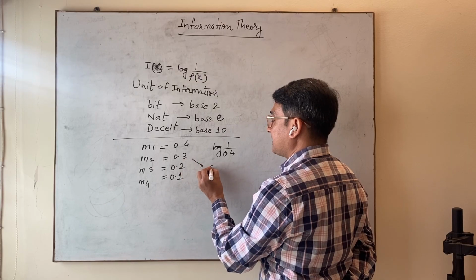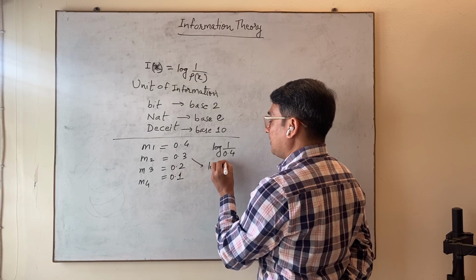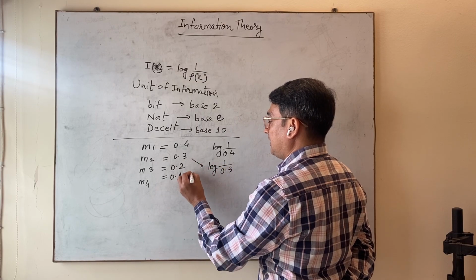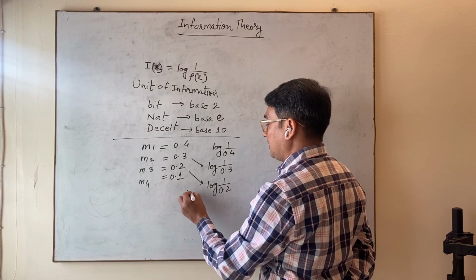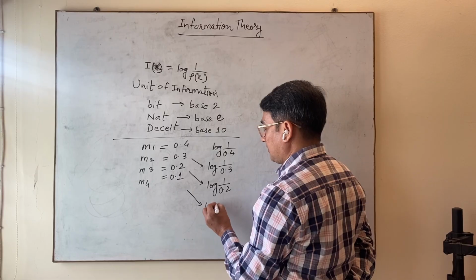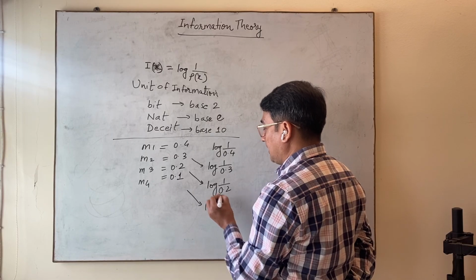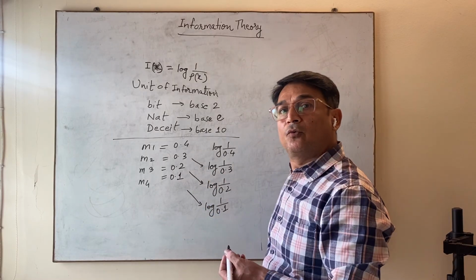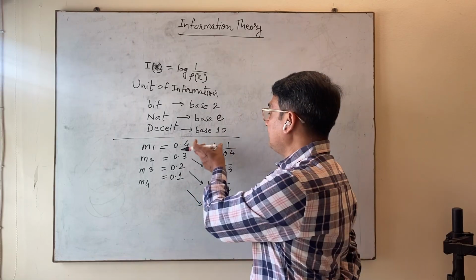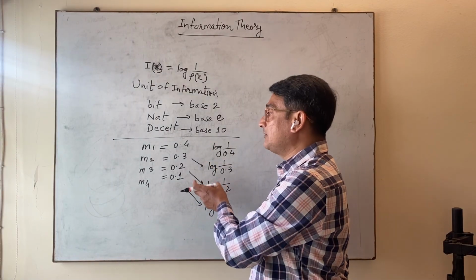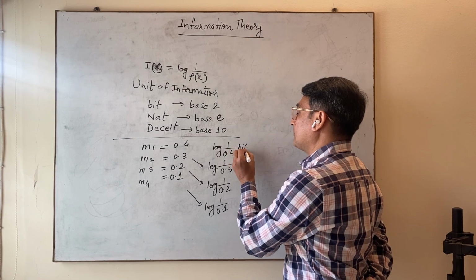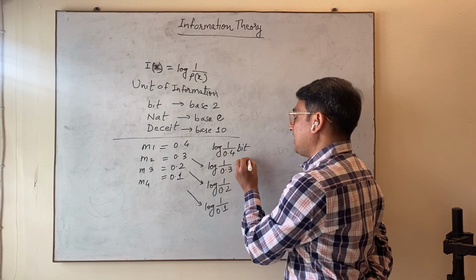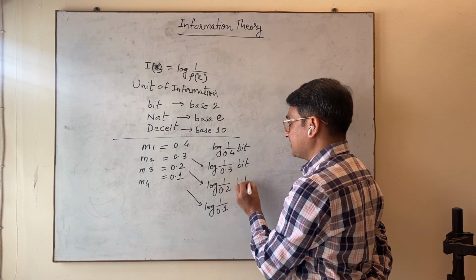Information content in the second message will be log 1 upon 0.3. Similarly, log 1 upon 0.2 and log 1 upon 0.1. With the help of any calculator, you can calculate these values, and these are basically the information content in messages 1, 2, 3 and 4 respectively.